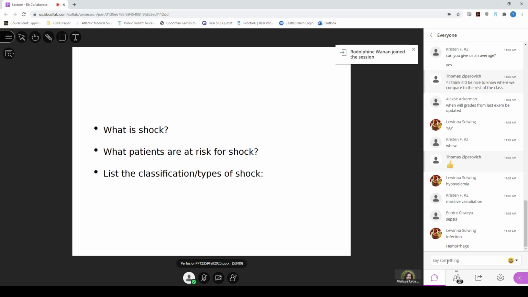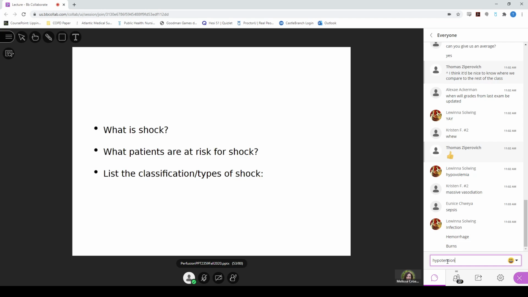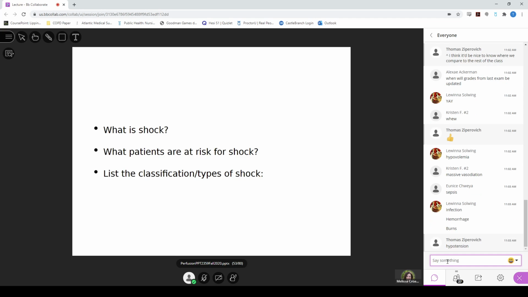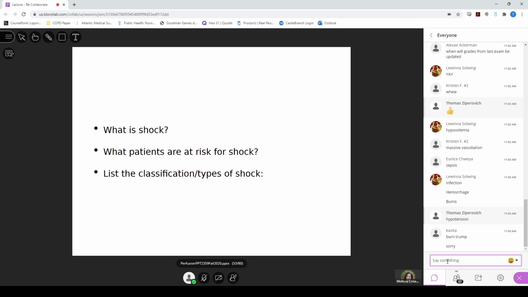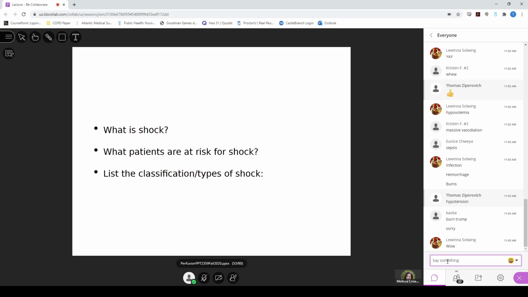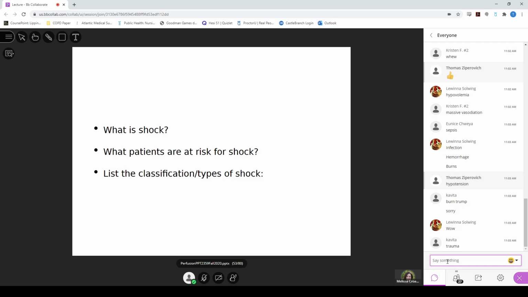Infection. Hemorrhage. What about trauma? Burn can. Okay, so list what are the types of shock? There's 5 of them. So we have hypovolemia, cardiogenic, neurogenic, septic, and anaphylactic shock.